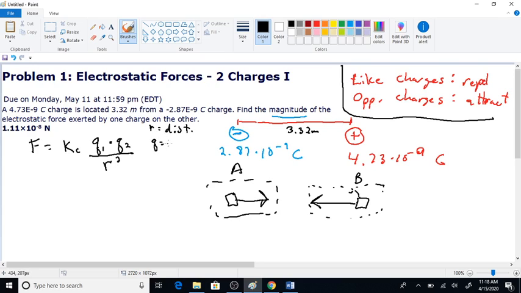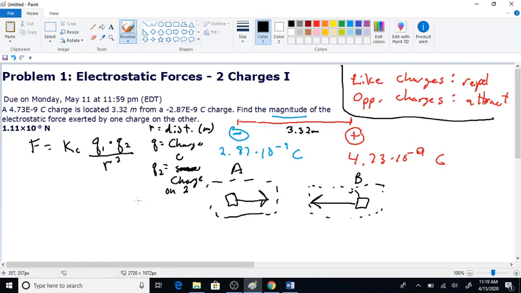Q is the charge in coulombs. R is in meters. Q2 is the charge on the second one, charge on 2.